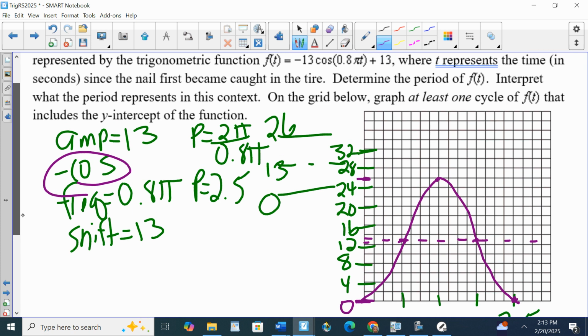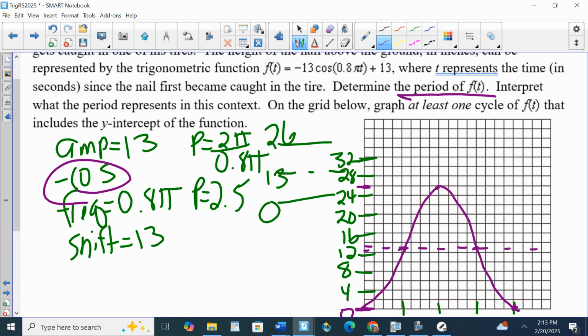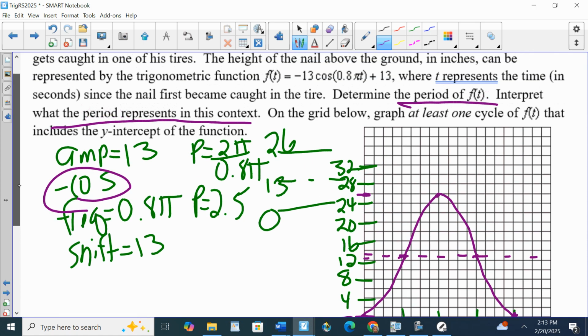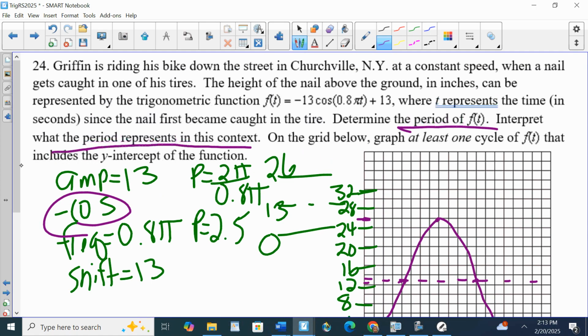Done. Now it says to determine the period, which I already did, and interpret what the period represents in the context of the problem. So the period, your x-axis is your time, so it's the time it takes to complete one full cycle in general. So this problem is talking about a tire on a bike.